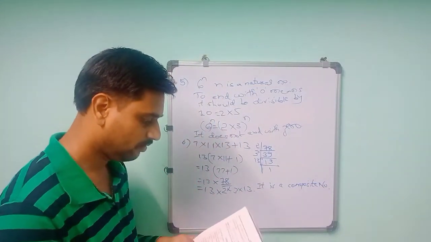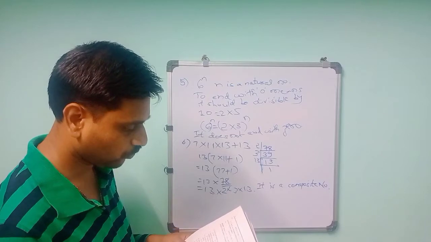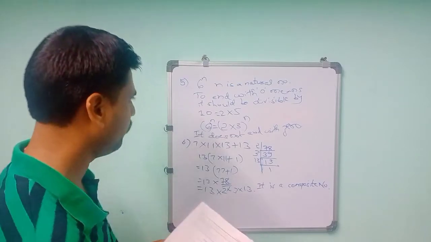Then you check 7 into 6 into 5 into 4 into 3 into 2 into 1 plus 5. Same like that only.